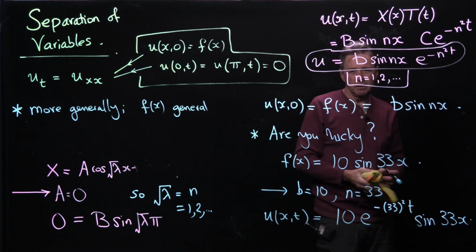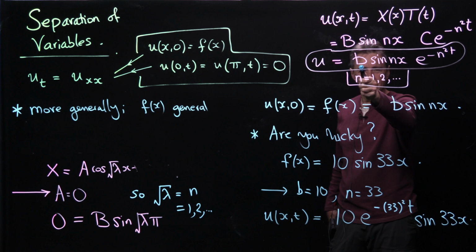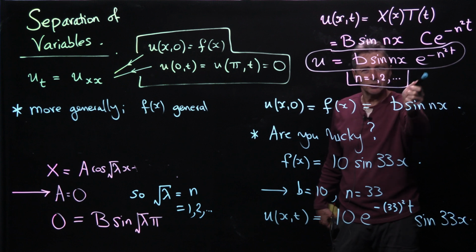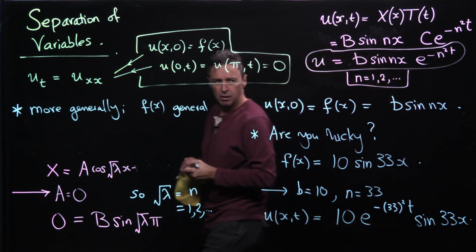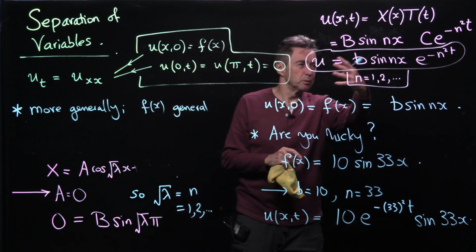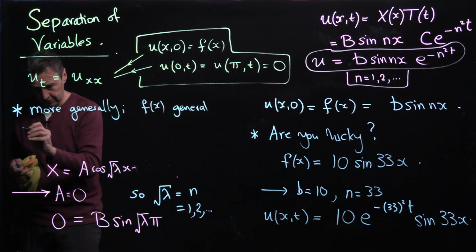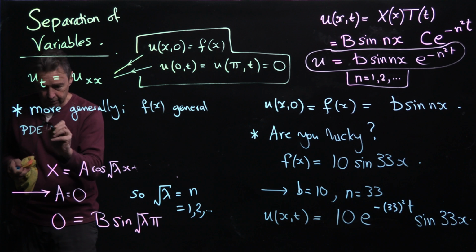I don't want to just necessarily choose one of them. And moreover, when I mess around here, I don't necessarily want to use the same constant in front of each of these different solutions for different values of n. It's a linear problem. I can just take a general superposition of all of these to come up with a more general solution. So the PDE is linear.